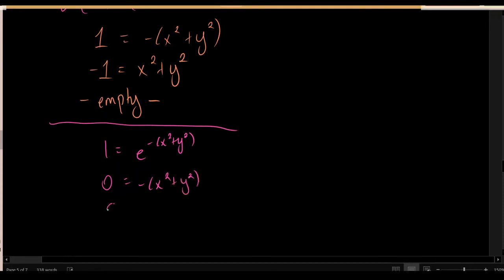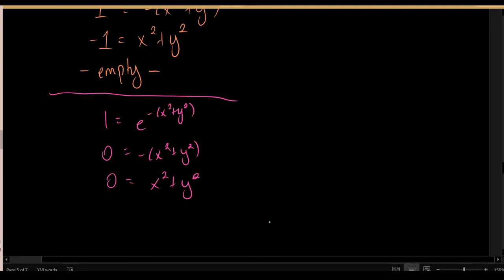So we found that x squared plus y squared equals 0 is required to get an elevation of 1 unit. Now this level curve is not empty, but this level curve is very, very small. The only way that this can happen, the only solution to this equation, is if both x and y are equal to 0.